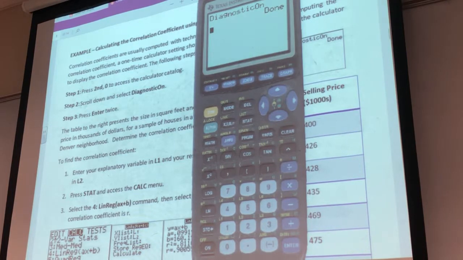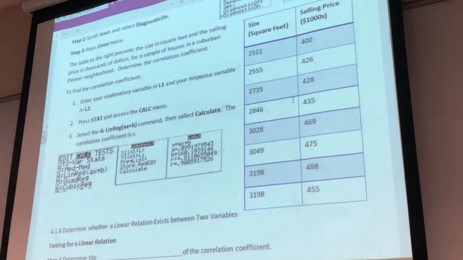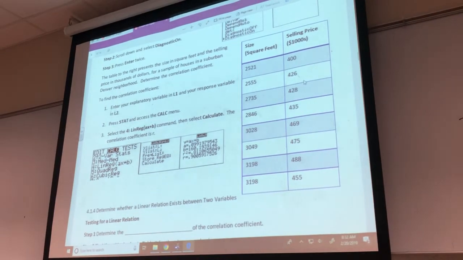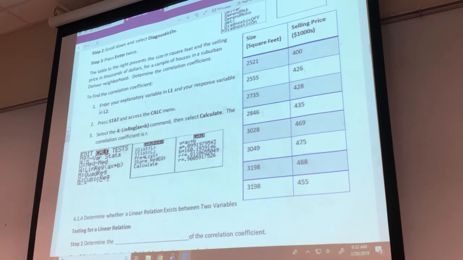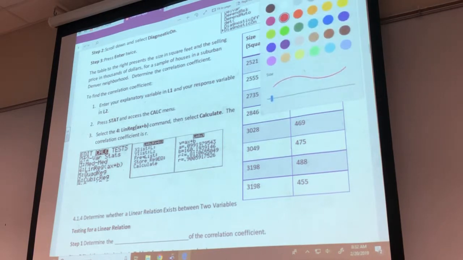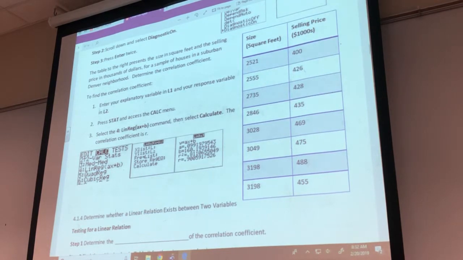We've got this same group here with our houses and their selling price and their size. We already put these into our L1 and L2, so we don't have to redo that. That's kind of nice. And so what we're going to do, they have find your correlation coefficient. First, put your x's in L1 and your y's in L2, but we already did that. All right, so now we're going to go to stat calc.